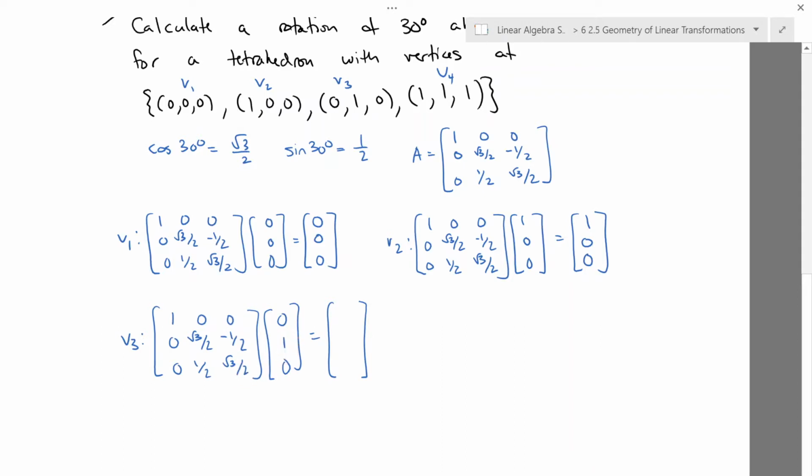And what this 1 does is it picks out the second column here. So the result is just 0, square root of 3 over 2, 1/2.